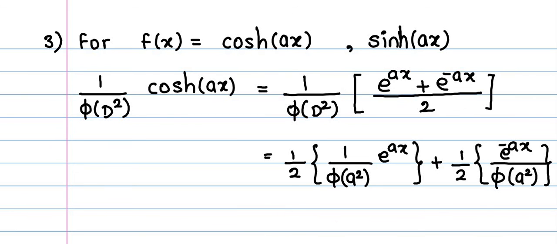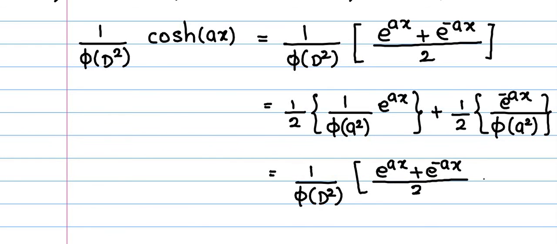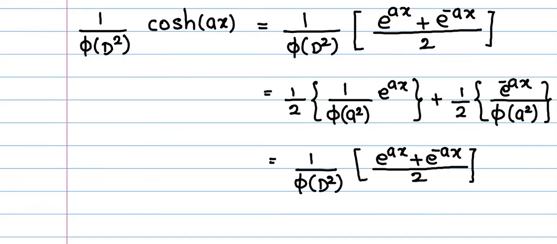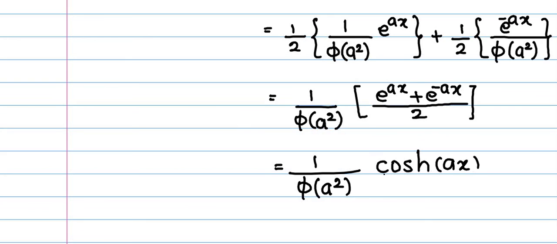If you take 1 upon phi of a square outside, the remaining term will be e raised to ax plus e raised to minus ax upon 2, which is nothing but the given hyperbolic function. It is not d square, please pardon me. So 1 upon phi of a square into cos hyperbolic ax.